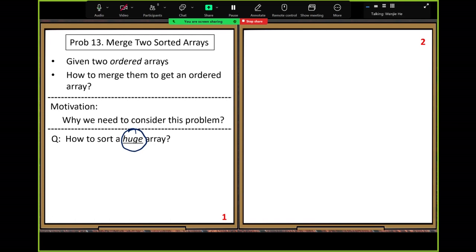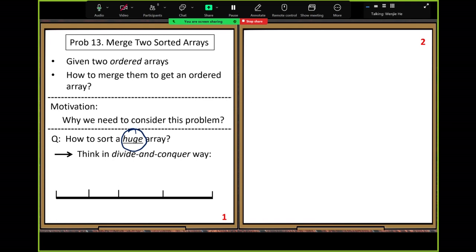All right. Let me use a simple diagram to describe the situation. Suppose this line segment represents the whole array, and we cannot load this whole array into the main memory. Let's split it, the divide and conquer way, into multiple smaller subarrays.